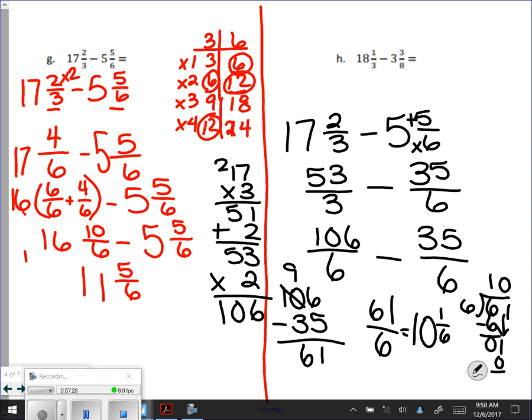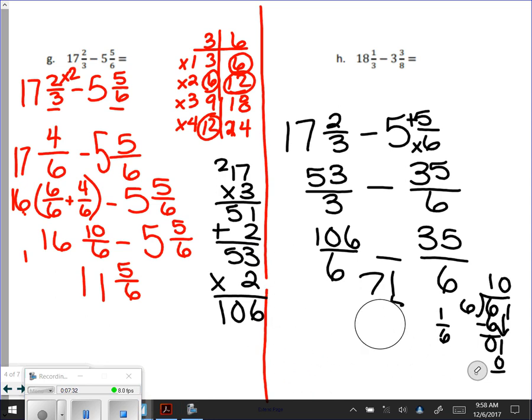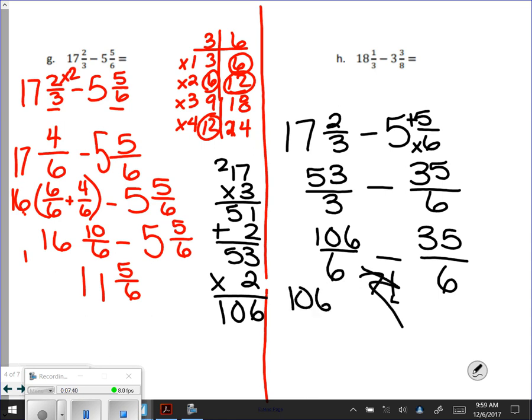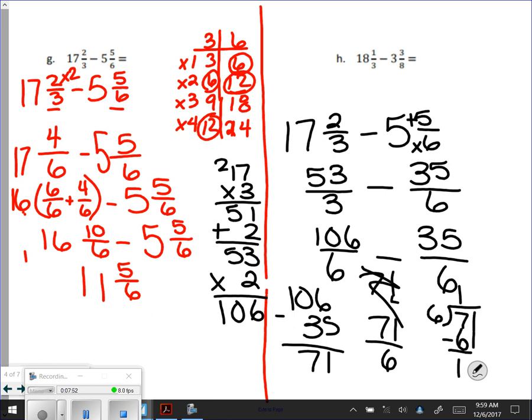I don't know. I did something. I borrowed and I shouldn't have borrowed. I get so borrow happy sometimes. I did like children. I'm a goober. 106. See, sometimes I make mistakes. 6 and 2, 70. Good grief. 11 and 5/6. There we go. Okay.